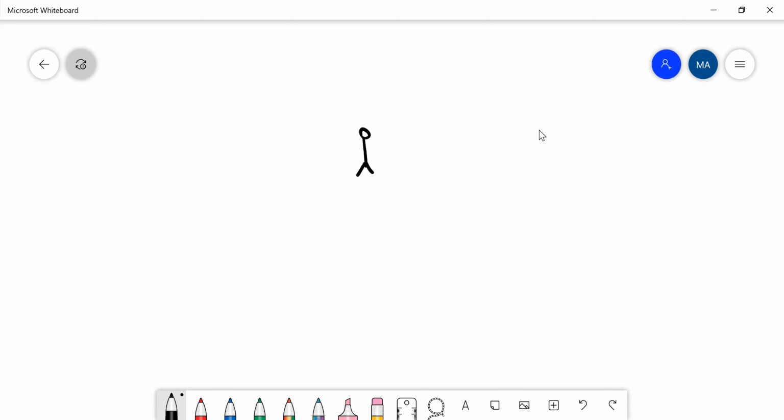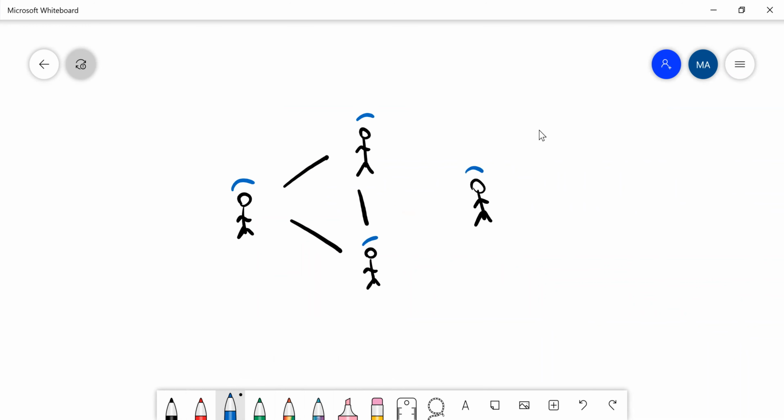So if you have 4 individuals, 3 of them connected, 1 not connected to any one of them. They all have storage devices, okay? And the external storage device here is there, okay? So this is the external storage device.